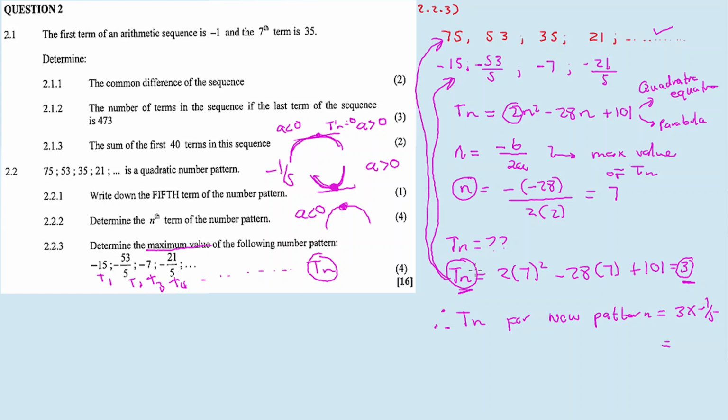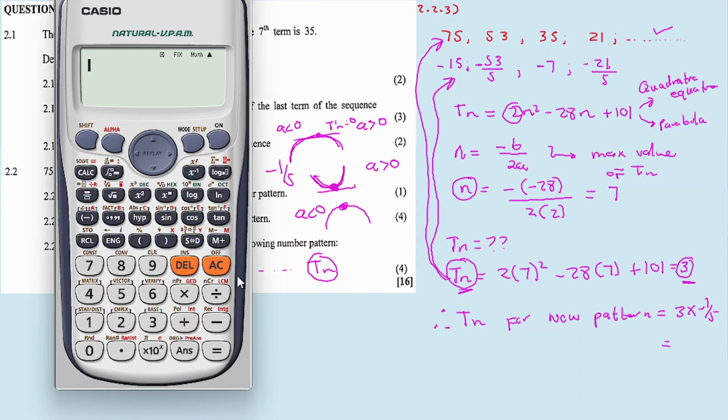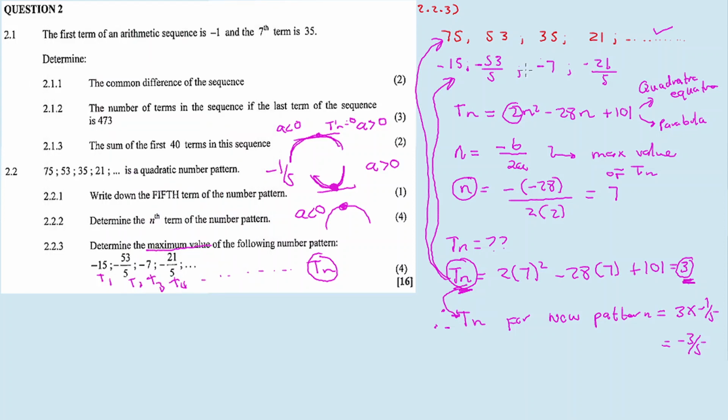It gave me the minimum value. Because I multiply by the -1/5, it gives me the maximum for the new one. The maximum term for the new pattern is 3 times -1/5. This is equal to -3/5. I have to multiply by the -1/5 because this is the new pattern, and this 3 is derived from the old pattern. So I hope I make sense.